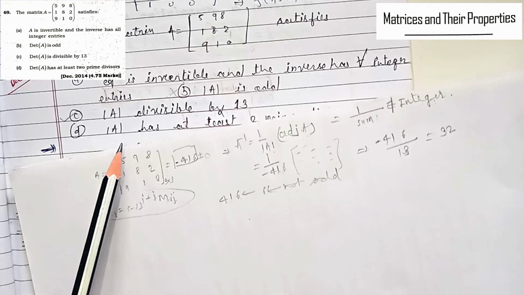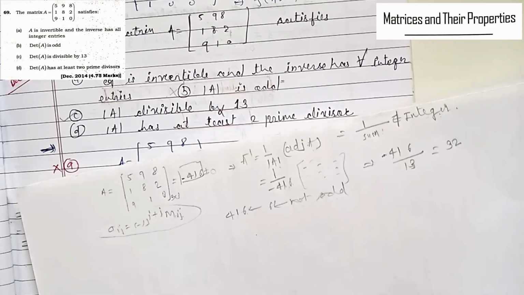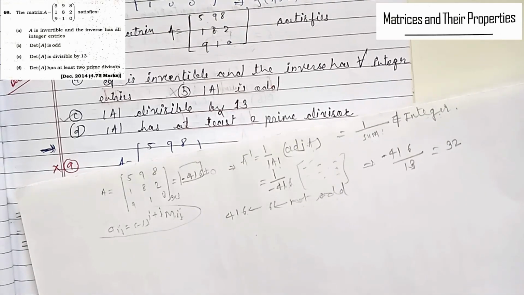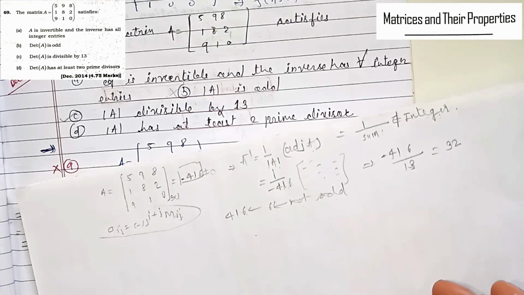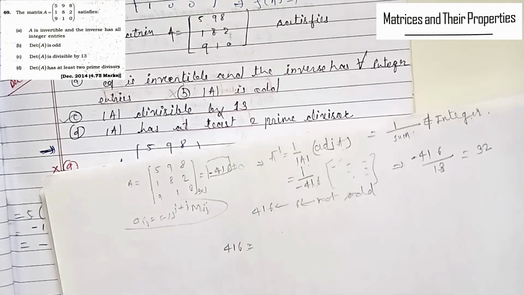Now option D says that the determinant of A has at least 2 prime divisors. Now try to factorize 416 into different parts, and we have to show that the factors coming from 416 include at least 2 prime numbers. Here 13 multiplied by 32 gives 416.